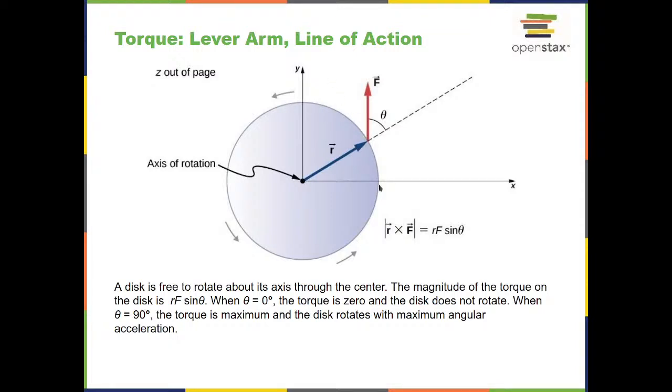So F perpendicular is the part that is along the tangential direction here. Similarly, again, we could use R perpendicular. R perpendicular would be a distance that goes to the point about here, right? Since F is along the y direction here.